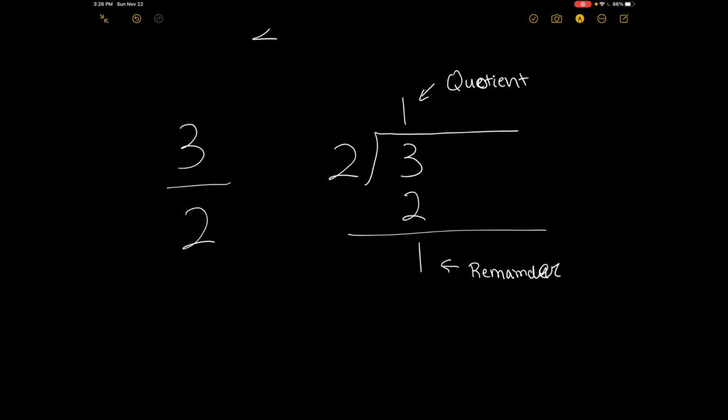What we do is take the quotient, and the quotient is going to be the new whole number, while the remainder is going to be the new numerator.